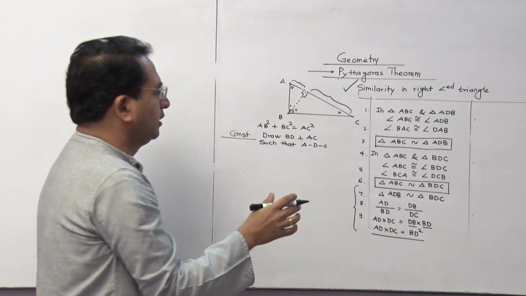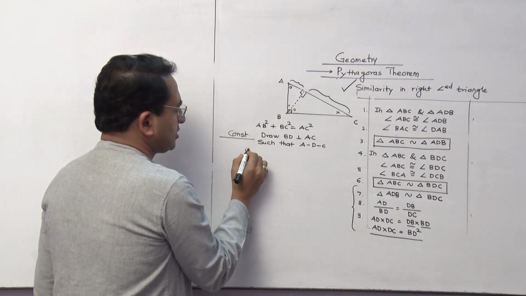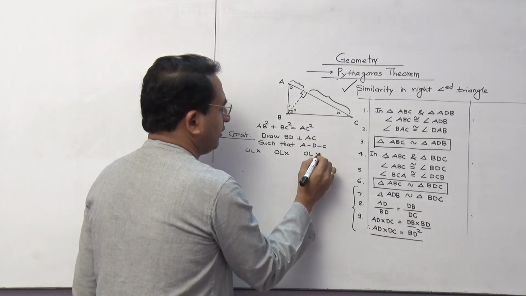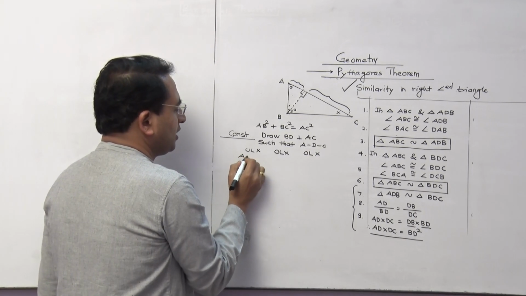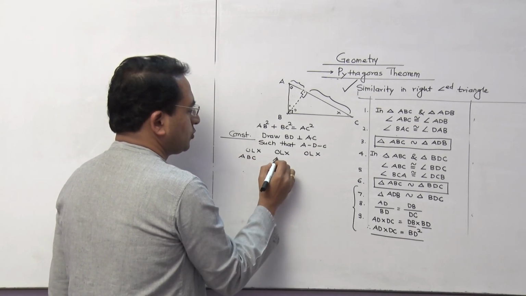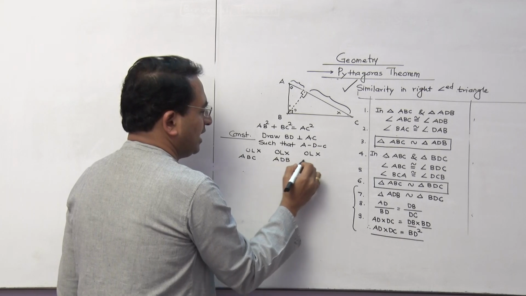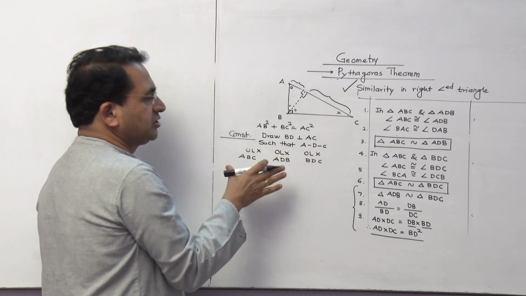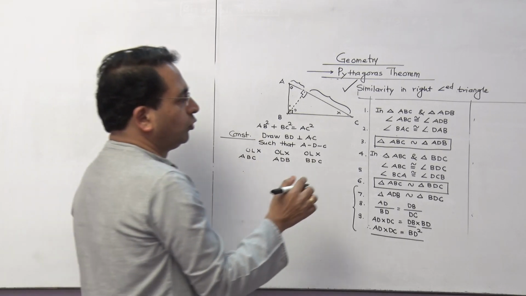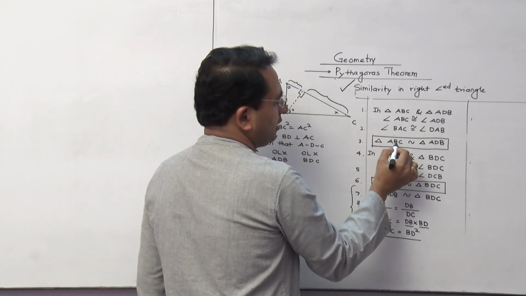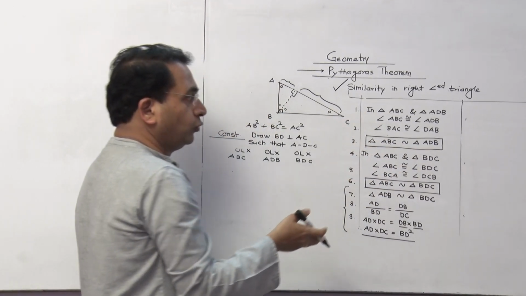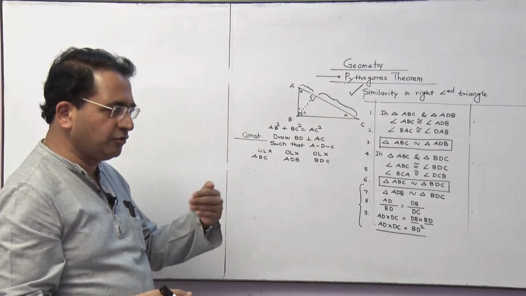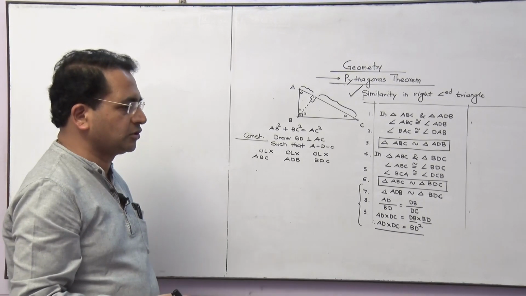What is to be done? We have to write the same thing 3 times, because there are 3 right angle triangles formed. First one is ABC, next one is ADB, and the last one is BDC. These are the 3 triangles which you observe. I told you earlier that we are using the same diagram for 3 theorems.